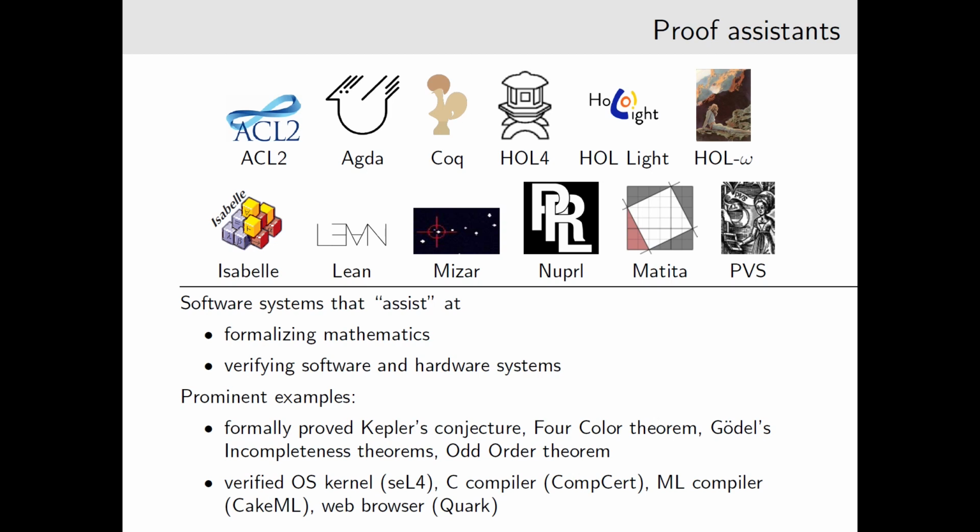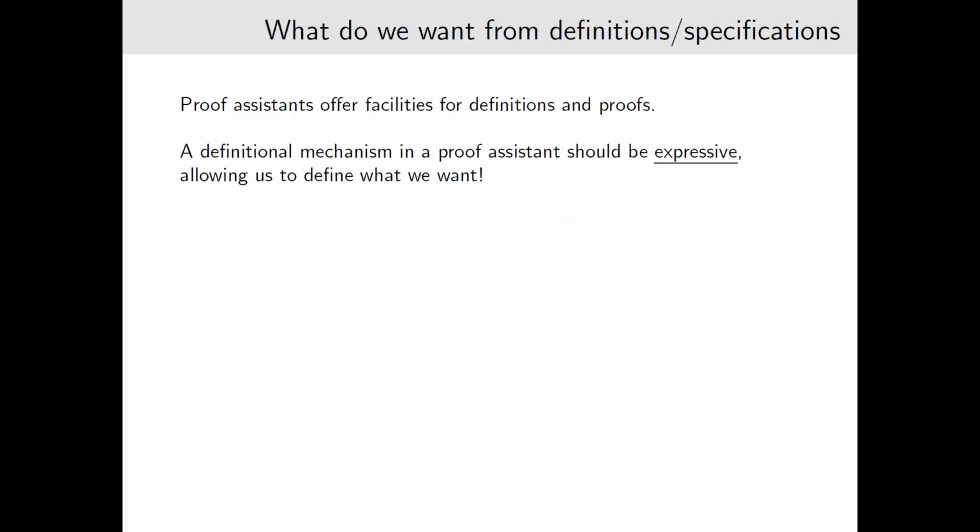Many of these developments, or all of them, rely heavily on a powerful definitional infrastructure in order to be feasible. Most of you, probably all of you, are familiar with what a proof assistant is. But for me, these are the main components of a proof assistant from a theoretical or logical perspective.